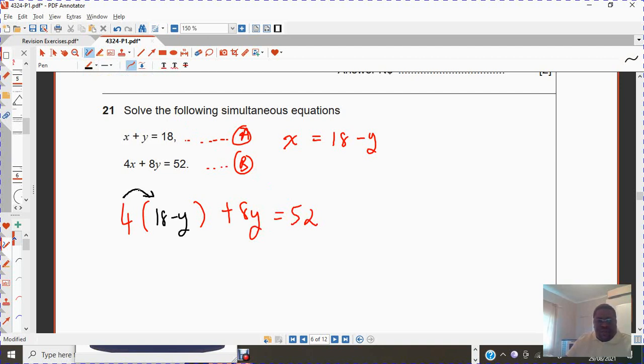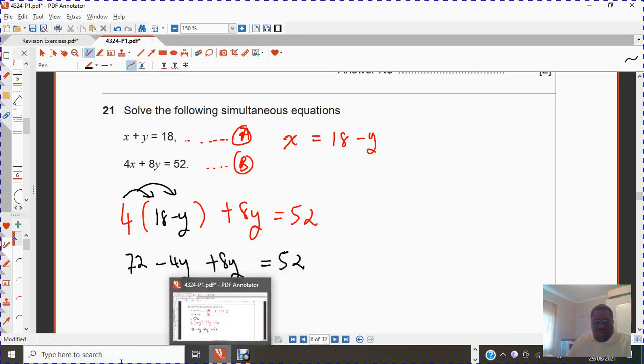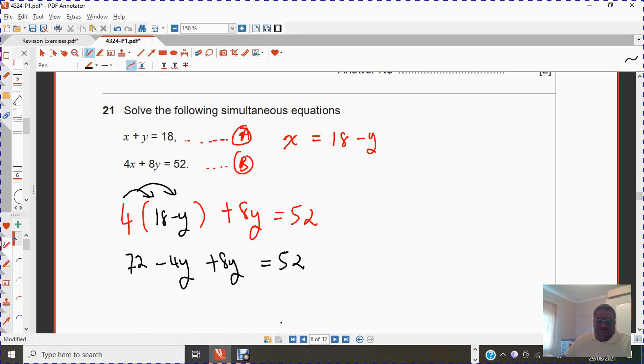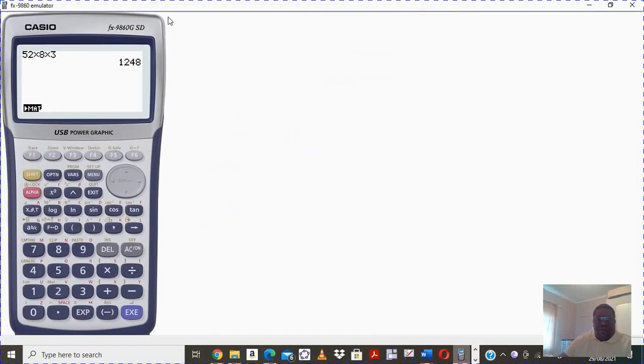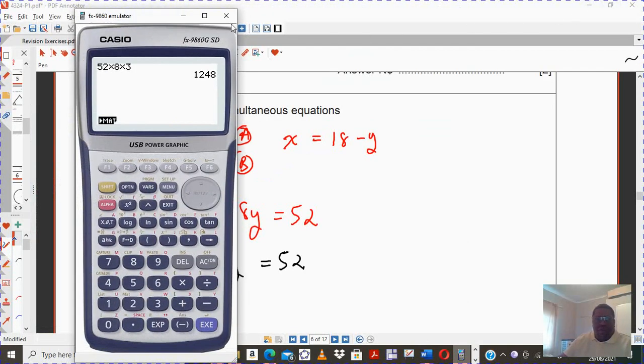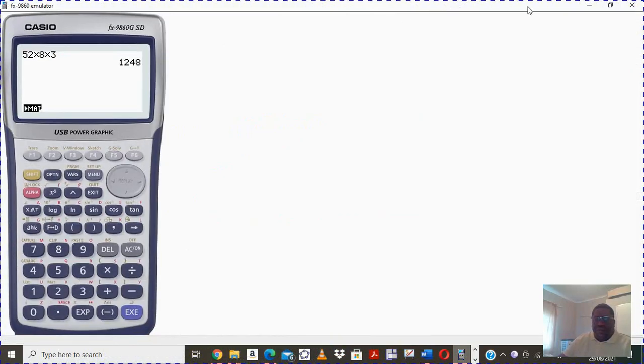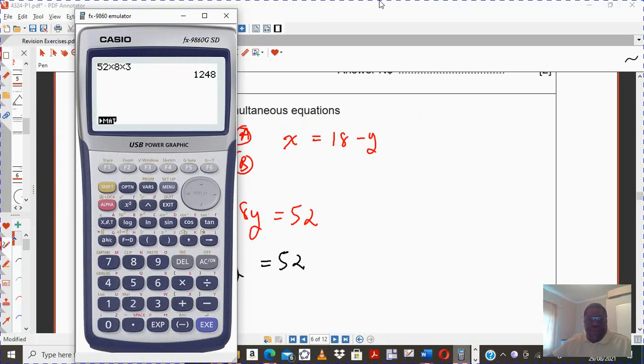All right, so it's just now a matter of multiplying. So you have 72 minus 4y plus 8y is equal to 52. If you don't know where the 72 comes from, then you can have a look.